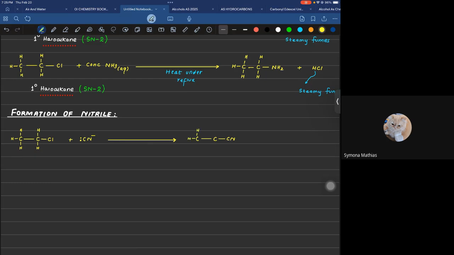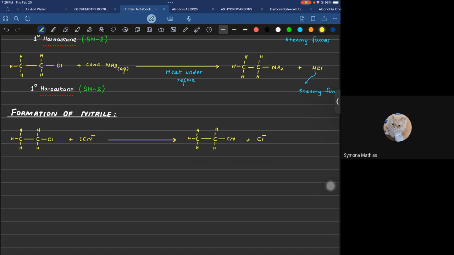Right. And the Cl would be removed in the form of Cl minus. This is also known as nucleophilic substitution reaction.